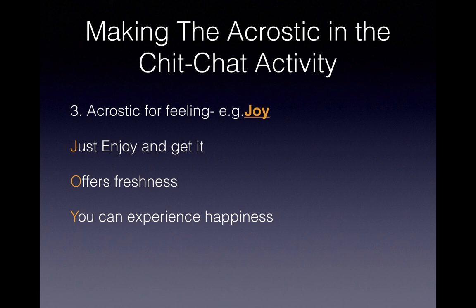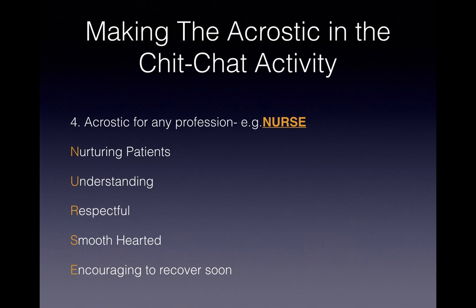So what does joy offer? It offers freshness. We will become fresh when we are in joy. Then Y, you can experience happiness. When we get it, we experience the happiness, and that's why joy. This is the acrostic of this feeling, joy.